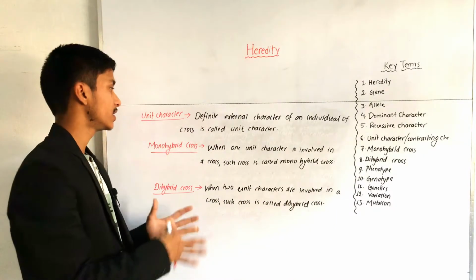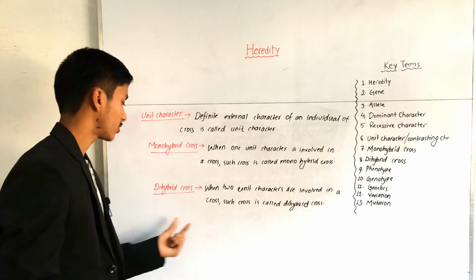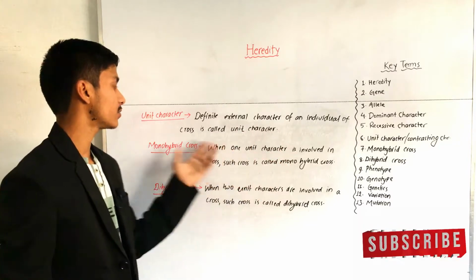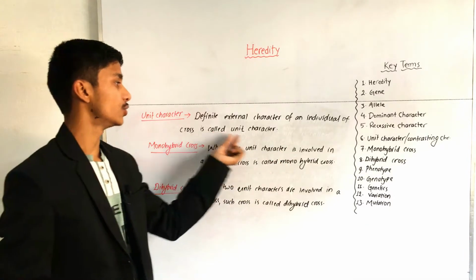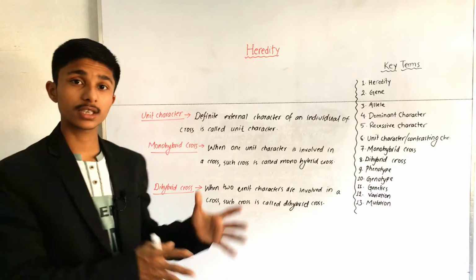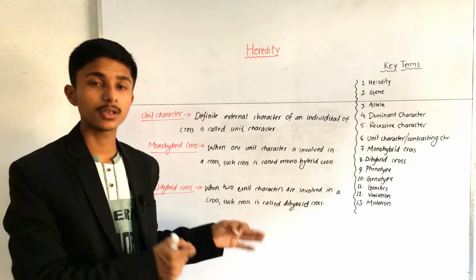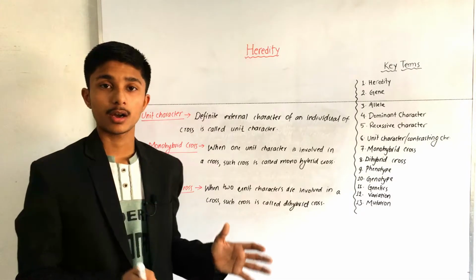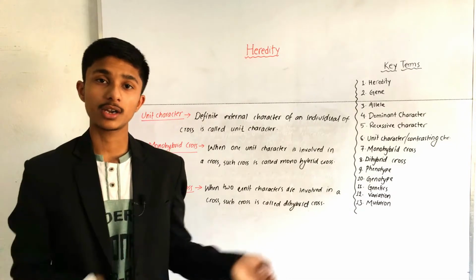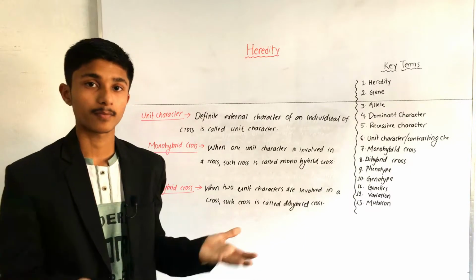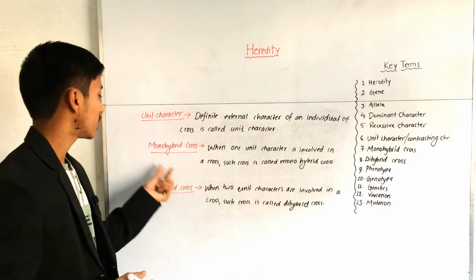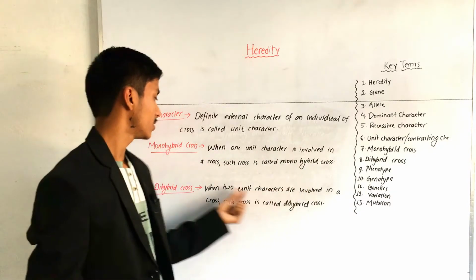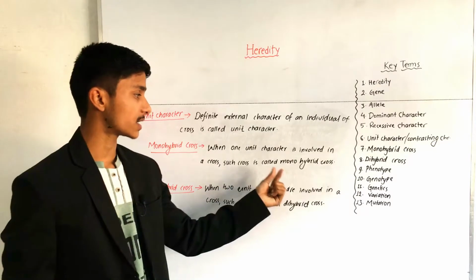Here we discuss unit character, monohybrid cross, dihybrid cross. A definite external character of an individual in a cross is called a unit character. It means it is the external character which is involved in a cross. For example, a rose plant has its own type of character. Next, monohybrid cross: when one unit character is involved in a cross, such a cross is called a monohybrid cross.